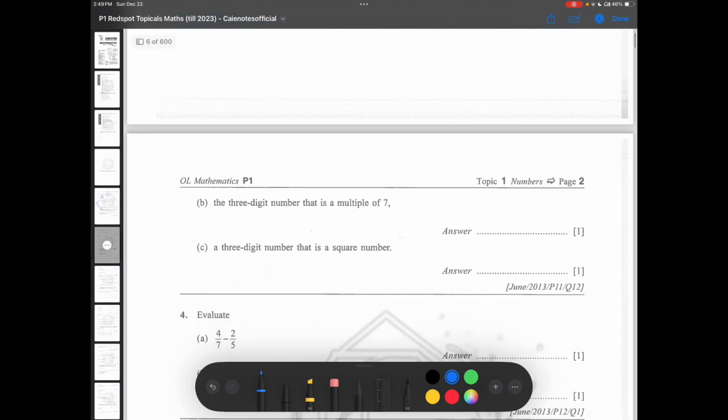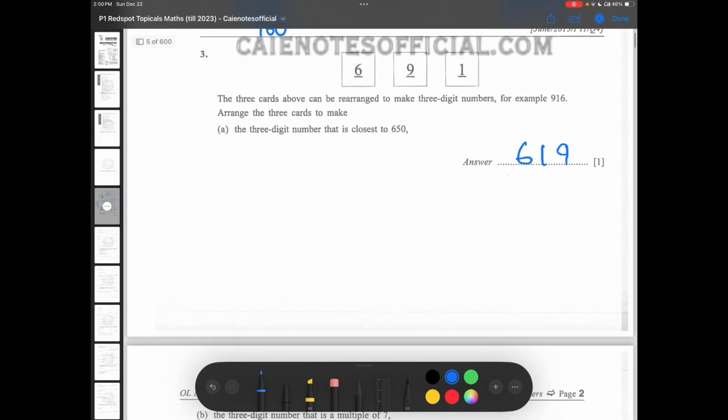Now let's move to part B. It says the three-digit number that is a multiple of 7. You cannot use the calculator, and you need to know the divisibility rule of 7 in order to do this question. So 691, if I check the divisibility rule of 7: you multiply the last number by 2, and here the last number is 1.